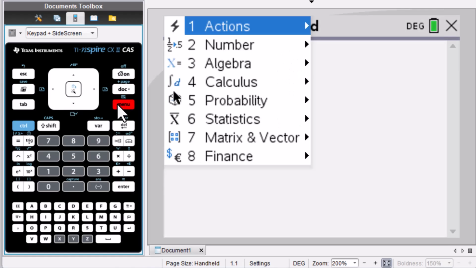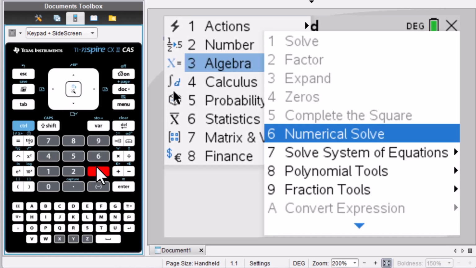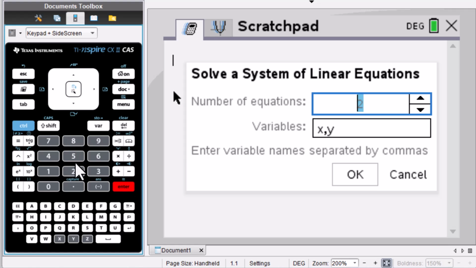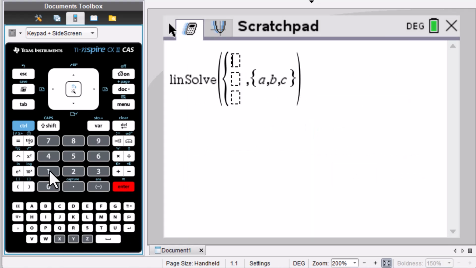Go to menu, 3 Algebra, 7 Solve system of linear equations. Choose 3, then variables a, b, c, enter. Then put in all 3 equations.